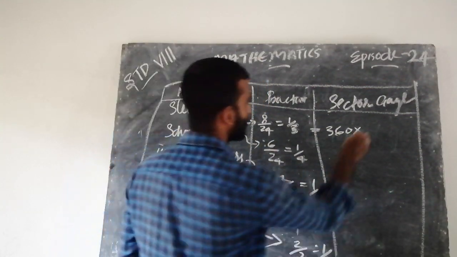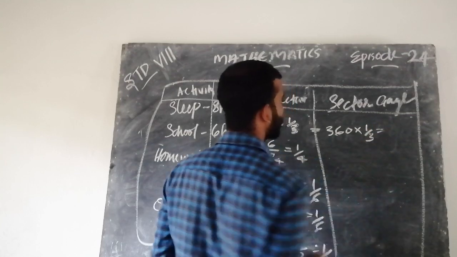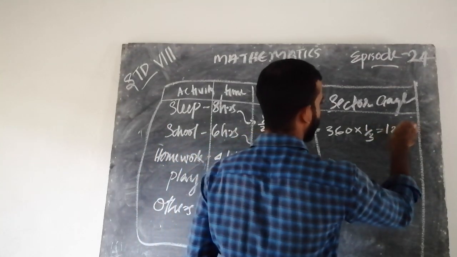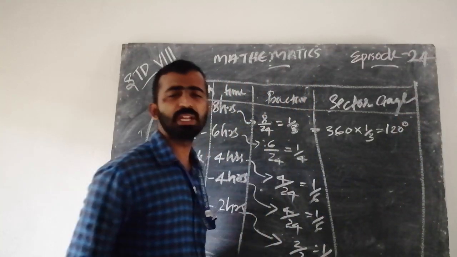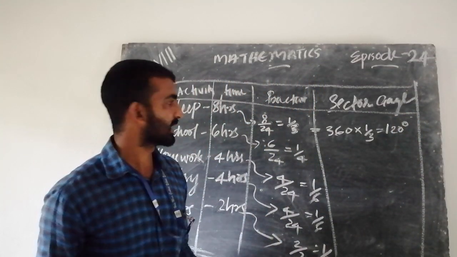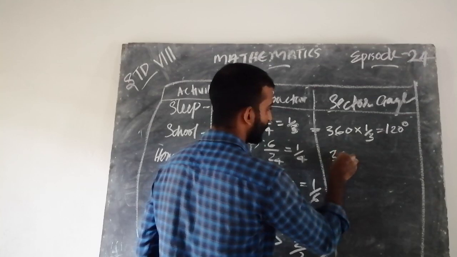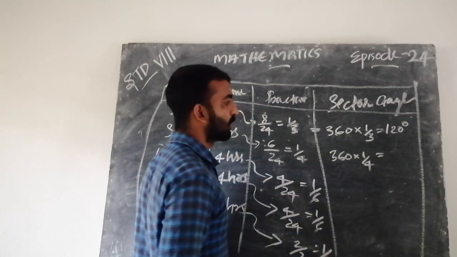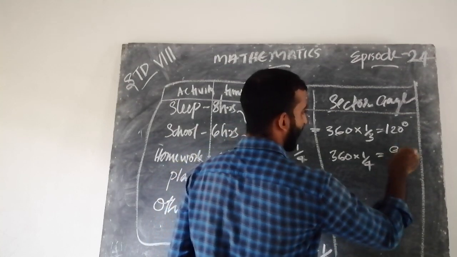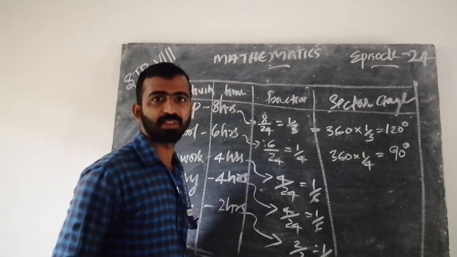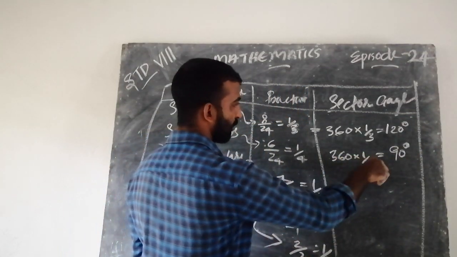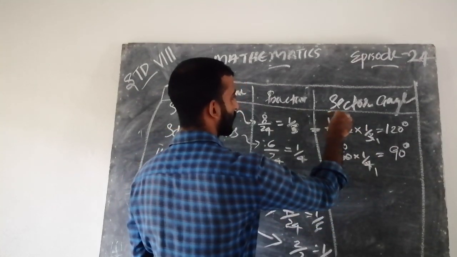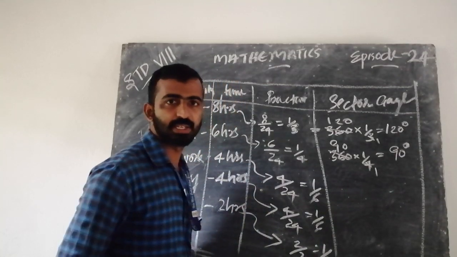That is 360 into 1 by 3, we get 120 degrees. Next is 360 into 1 by 4, that is equal to 90 degrees.